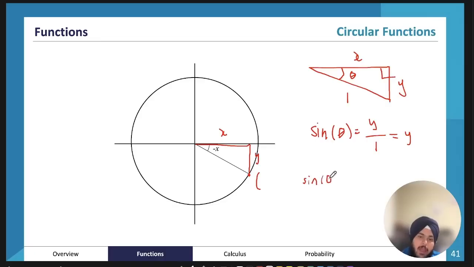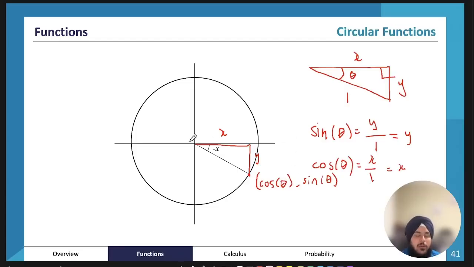And then if we look at cos of theta for this triangle, it's going to be adjacent over hypotenuse, which is x over 1, which is going to be equal to x. So therefore, the x value is cos theta. So therefore, these coordinates are cos theta, sine theta.